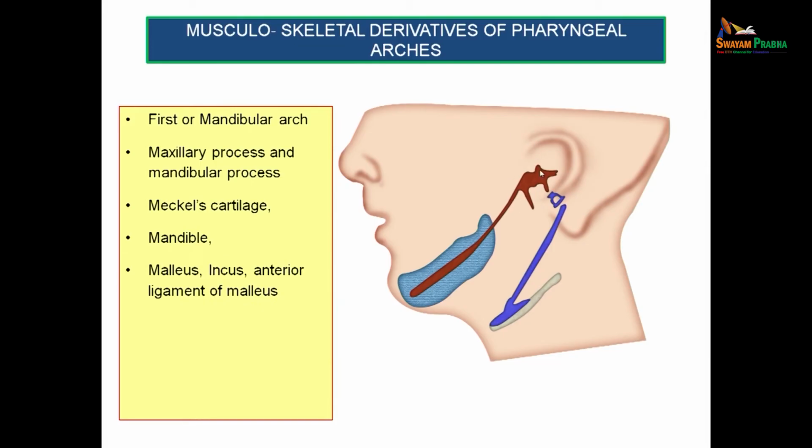Malleus and incus are the small bones found inside the ear. They are the ear ossicles, and there are mainly 3 ear ossicles, out of which 2, that is the malleus and incus, are derived from the first arch. Along with that, you will get the anterior ligament of malleus as well as the sphenomandibular ligament formed within the first pharyngeal arch.